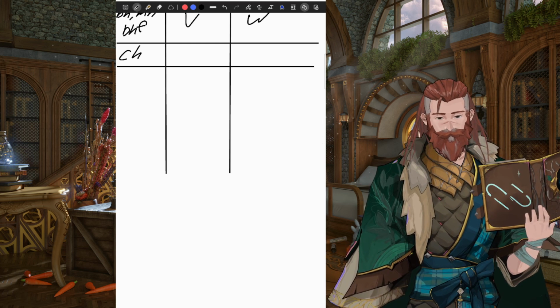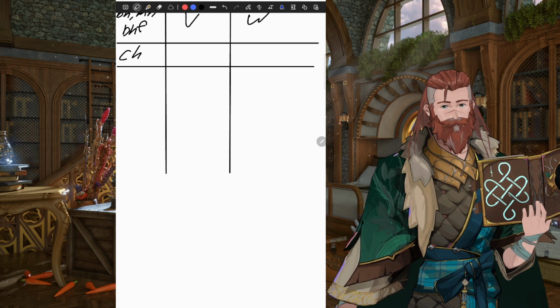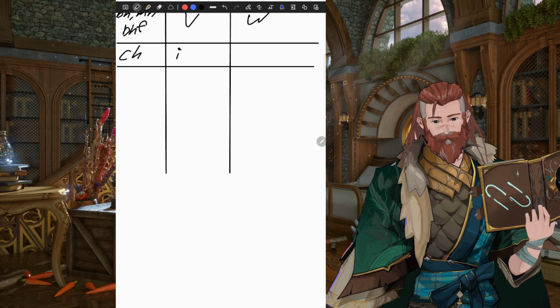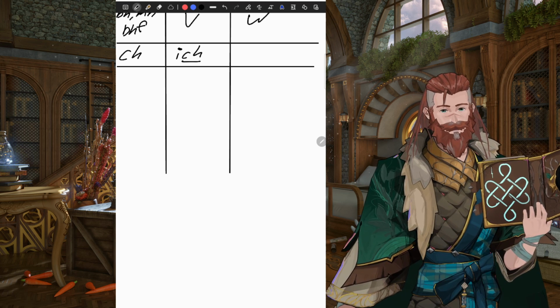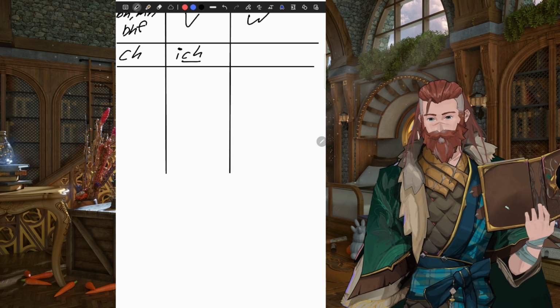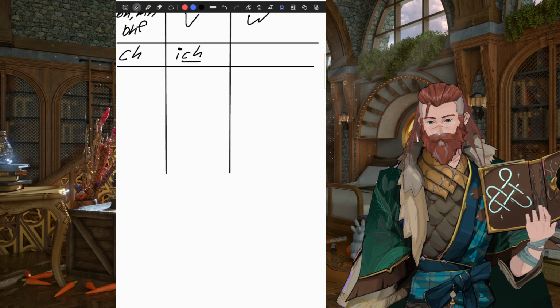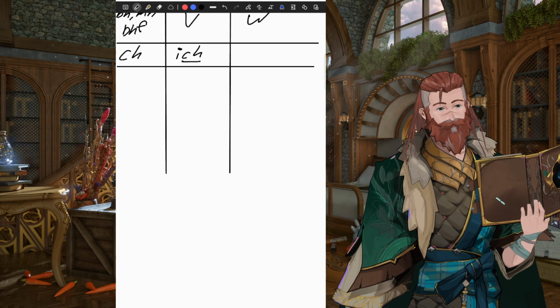What you get instead is closer to the German CH sound in ich. For the Slender version, where is it? Fiche, fichel.